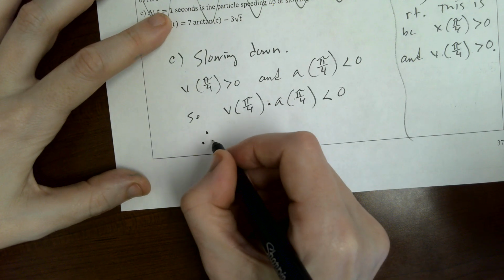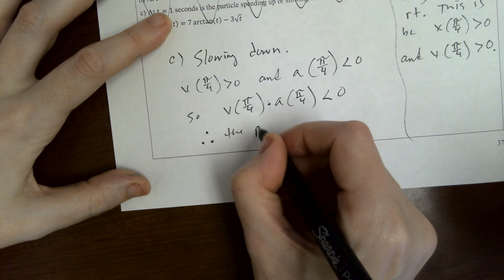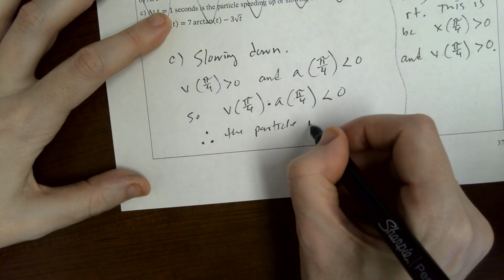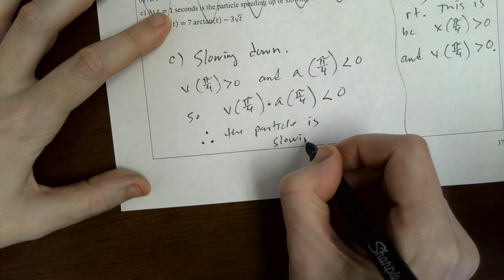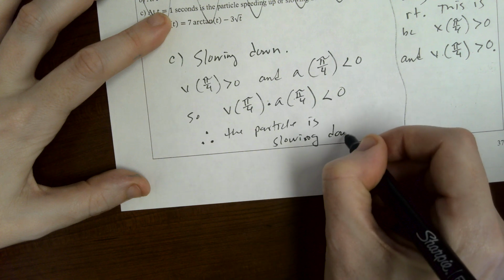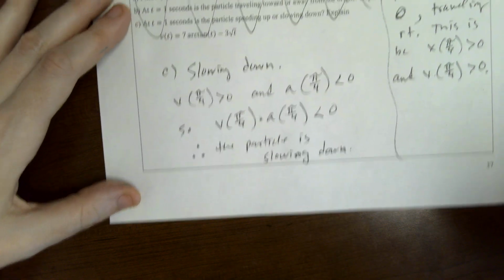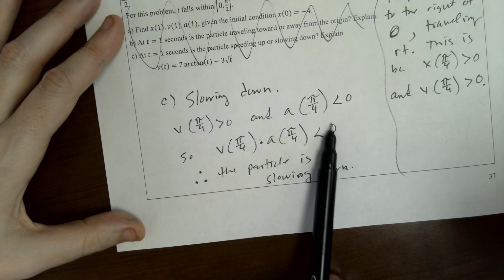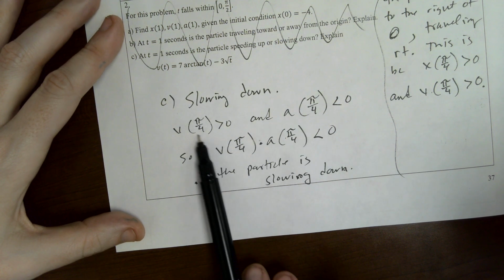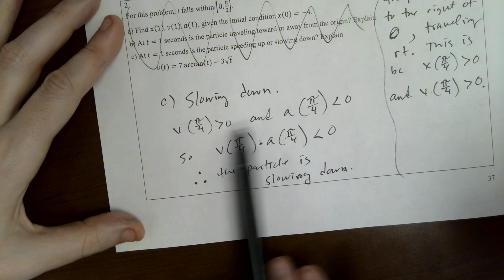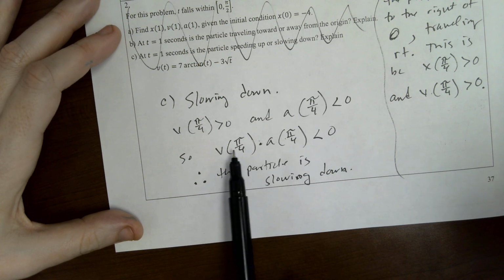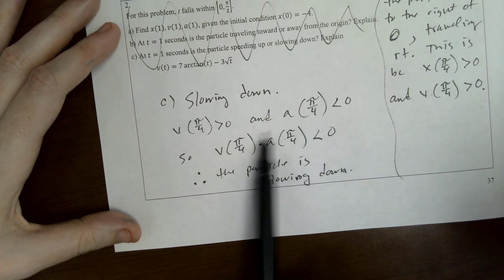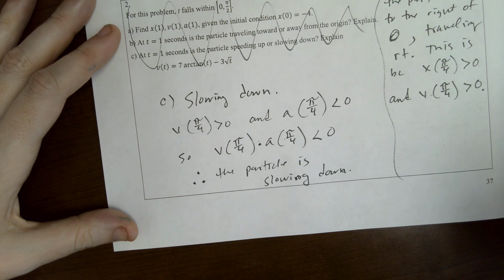And then we could say, therefore, the particle is slowing down. And guys, I think they may give you full credit if you just mentioned this product is less than 0. If you didn't say this, I would have seen your work above, and so I could see this logic here. But okay, there it is.